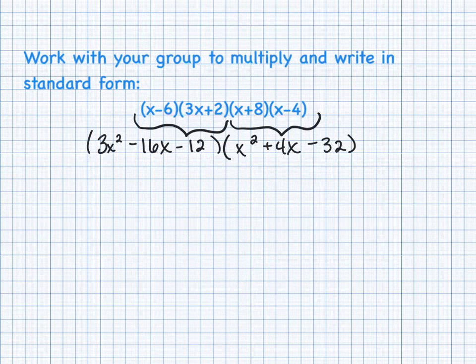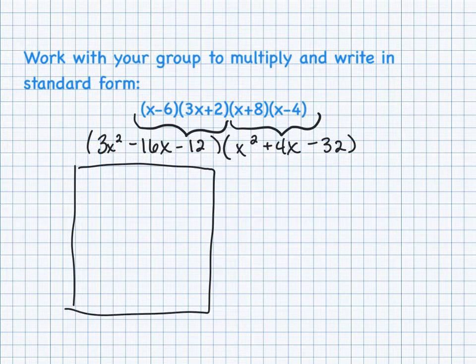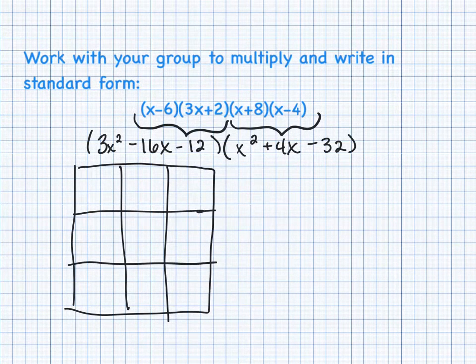One of the common mistakes people made here was wanting to add these, just to combine your like terms, and that's not what you want to do. So if you create a 3 by 3 box, and actually I'm going to need to move that over. Especially when you're trying to keep track of all your stuff, it's much easier if you just use the boxes, especially if you find that you made a mistake.